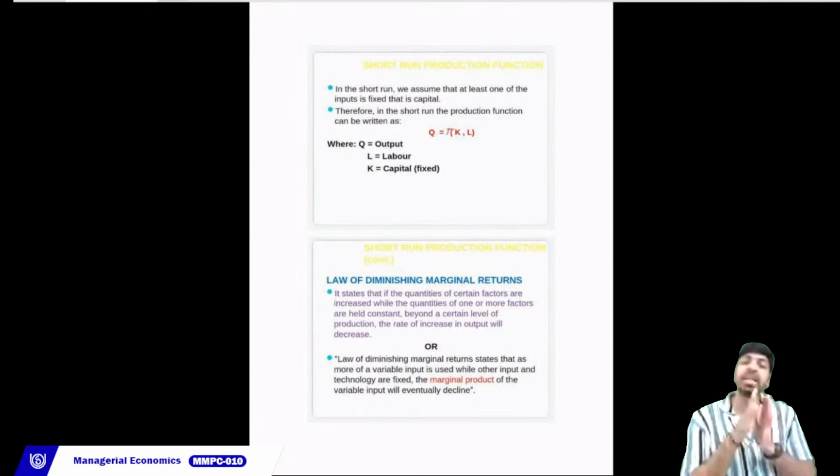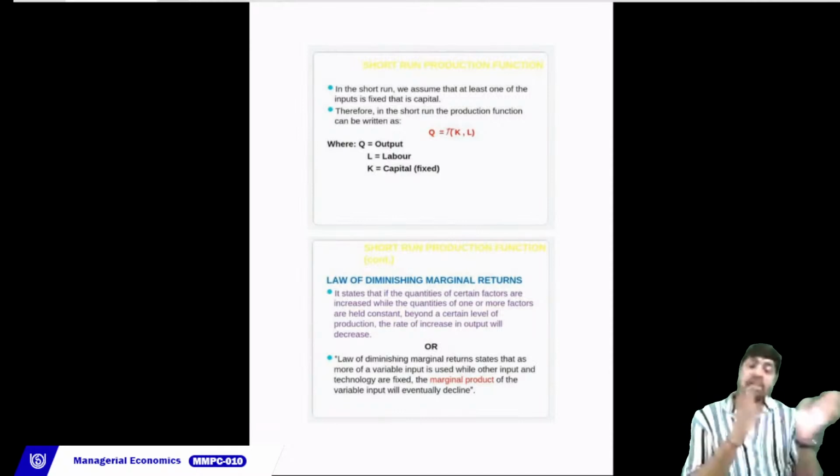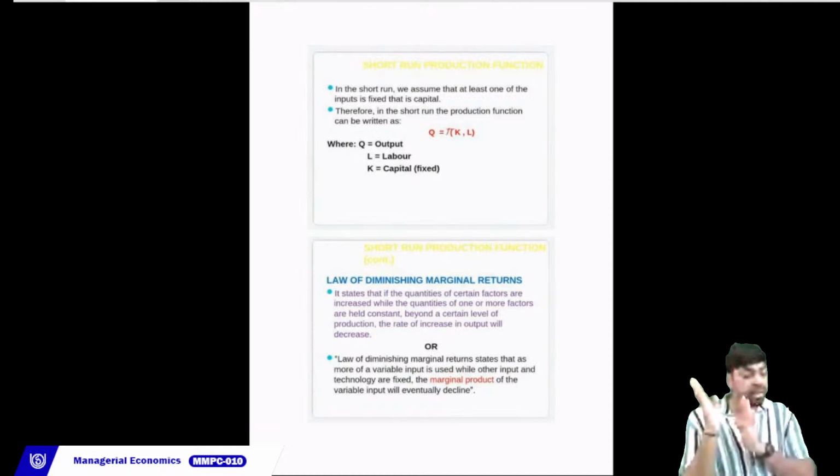So the law states that the quantities of a few factor inputs remain constant and other factor inputs remain variable, and beyond a certain level of output, the level of output will still increase but at a decreasing or diminishing rate.